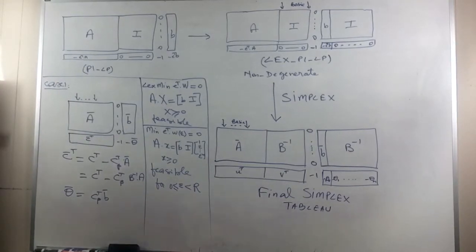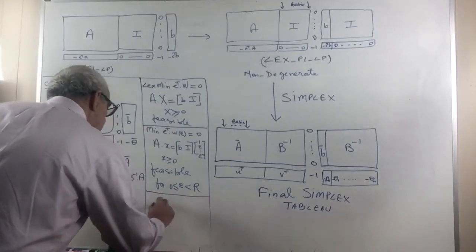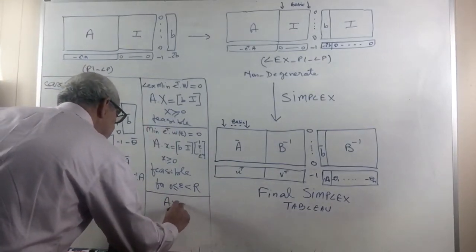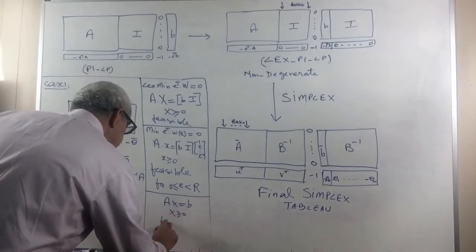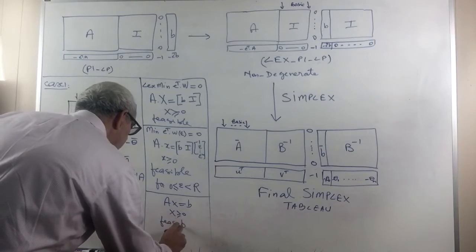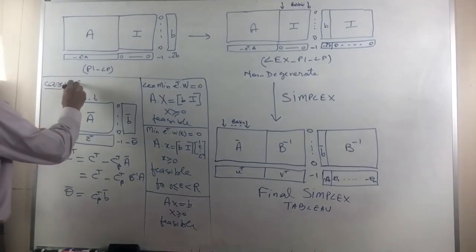Okay, and also our original problem, A dot X equal to B, X greater or equal to 0, this is also feasible. So this is the best case scenario.